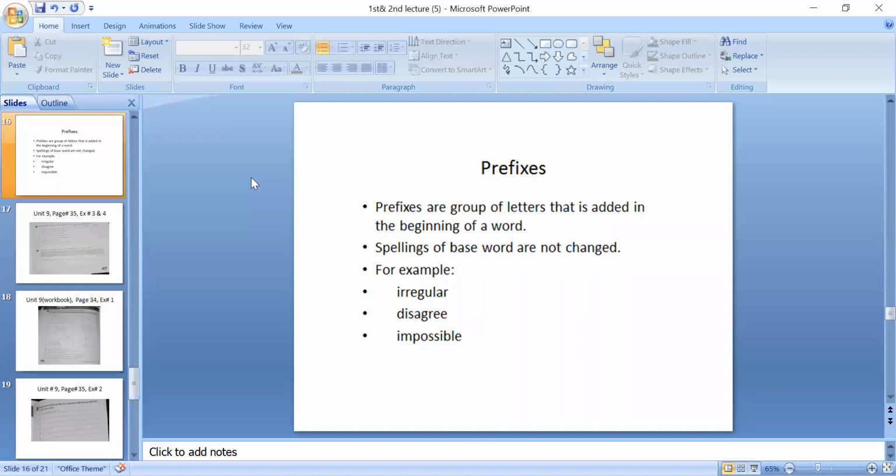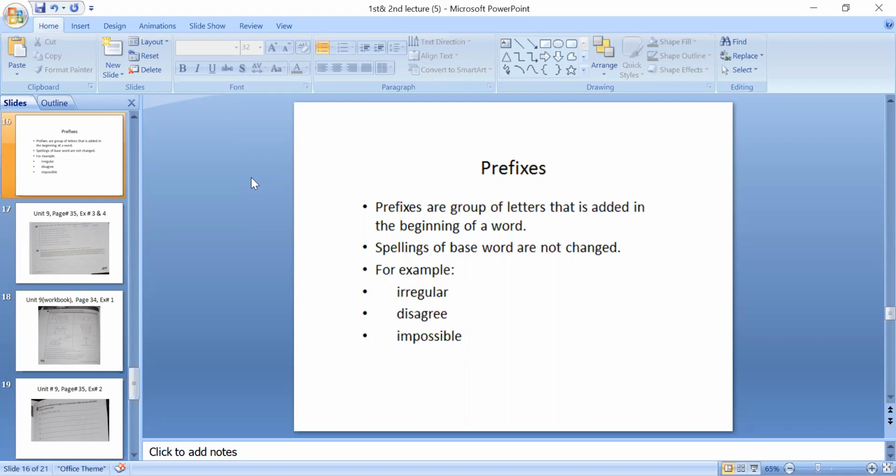So dis is the prefix. In the word irregular, ir is the prefix. And in the last word, possible, impossible, im is a prefix. It is a group of letters, not a group of words, which we add in the beginning of the word. So in the word impossible, im is the prefix.